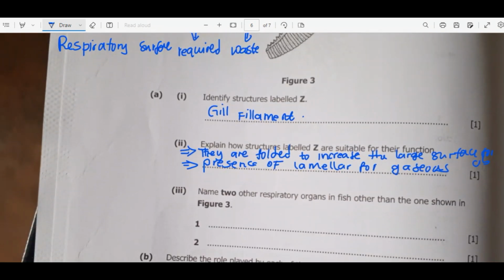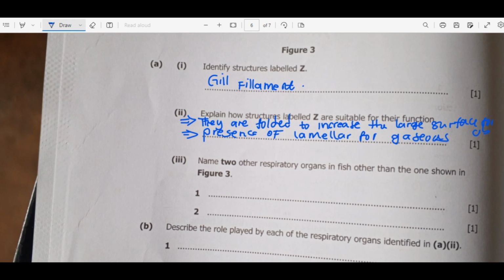Now we move on to Roman number 3. Name 2 other respiratory organs in fish other than the one shown in figure 3. Now please, I want to put an emphasis here: if you look at this gill, we have gill filament, we have a gill bar, we have a gill arch.